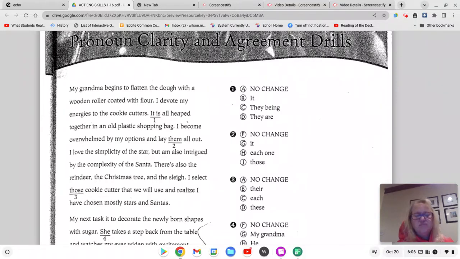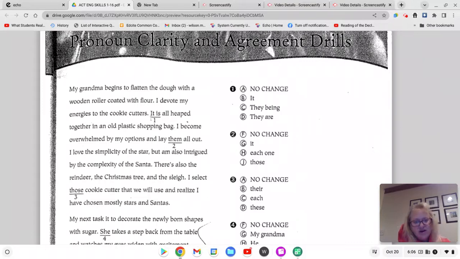So up here, it starts out my grandma. My grandma begins to flatten the dough with a wooden roller coated with flour. I devote my energies to the cookie cutters, plural. It is all heaped together. Okay, and so right before that is cookie cutters, and that's plural, but it is singular.